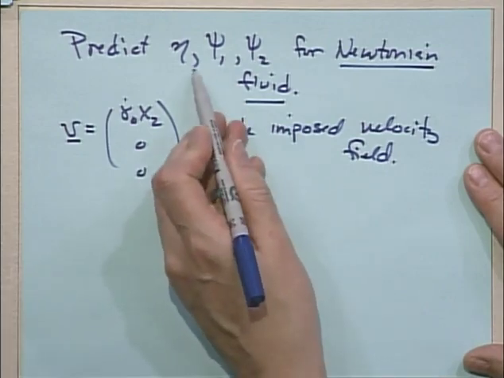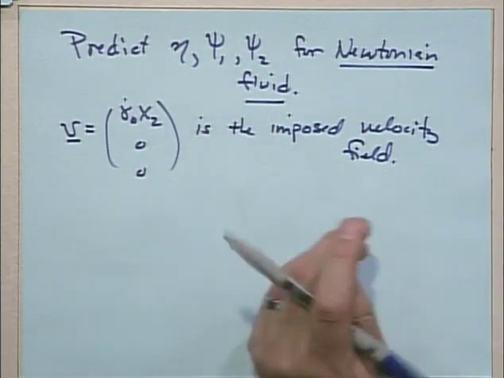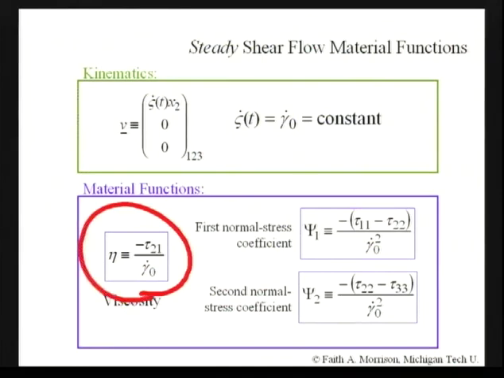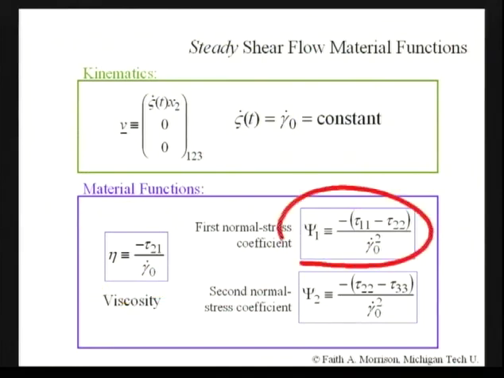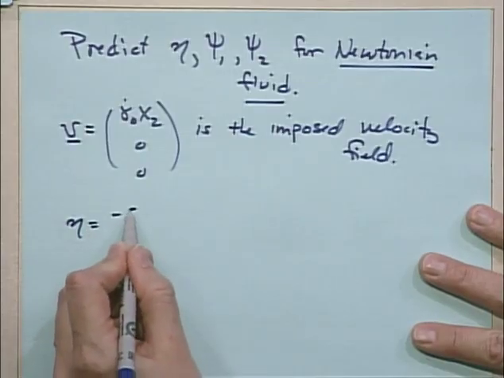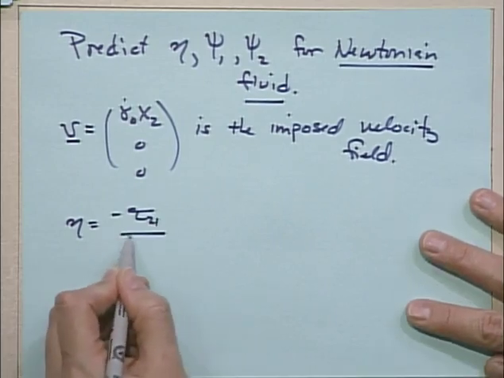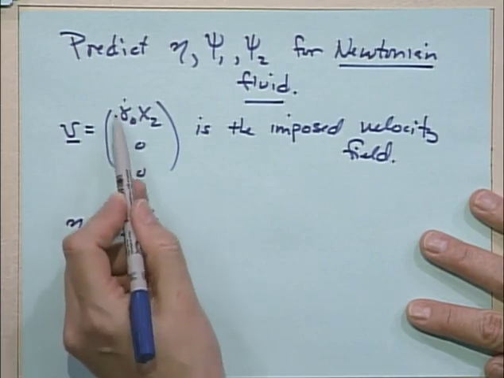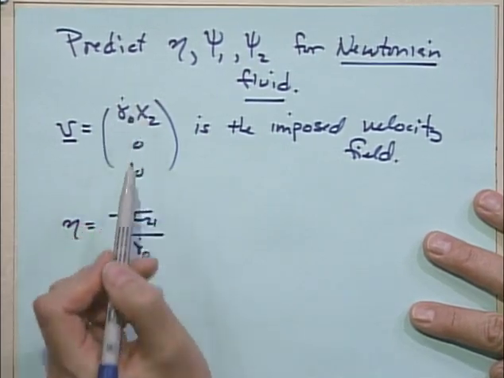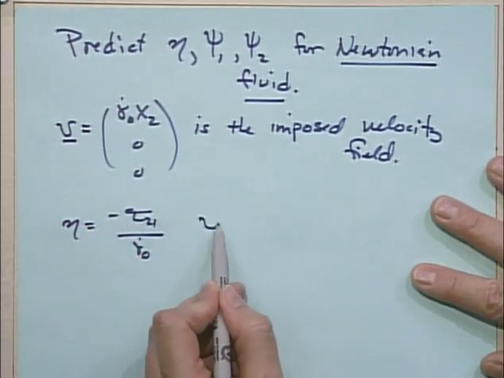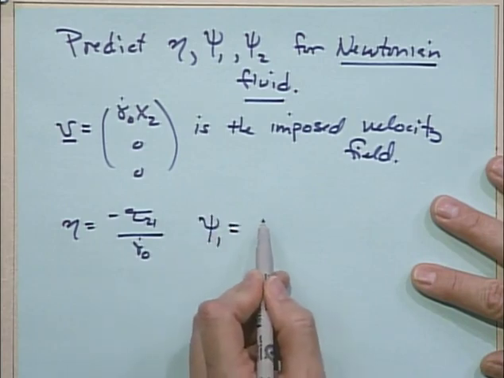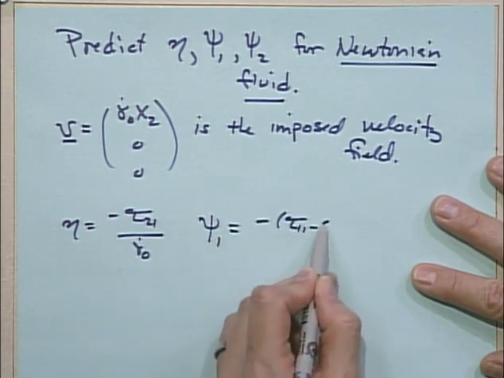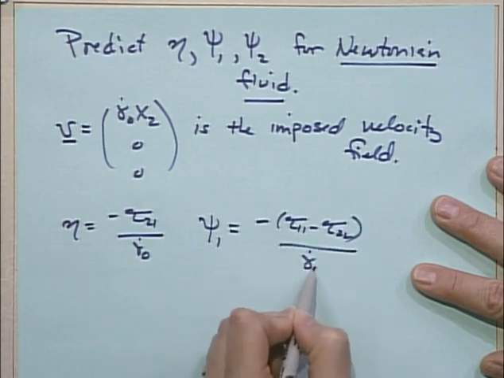So to get these things, we need to know what their definitions are, and they are defined again on this slide. So viscosity, first normal stress, and second. And to use those definitions, we need those stress quantities. We need tau 21. Gamma dot naught is a quantity that may possibly appear in our answer. It's a quantity that is part of the flow that we're talking about. Psi 1 is minus tau 11 minus tau 22 over gamma dot naught squared.